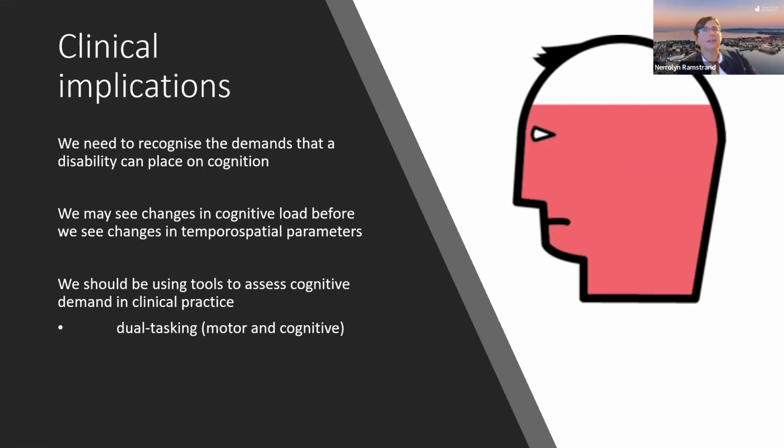The other clinical implication here is that we may see changes in cognitive load before we see them in temporospatial parameters or kinematics. So this suggests that in a clinical environment, we should be using tools to assess cognitive demand.